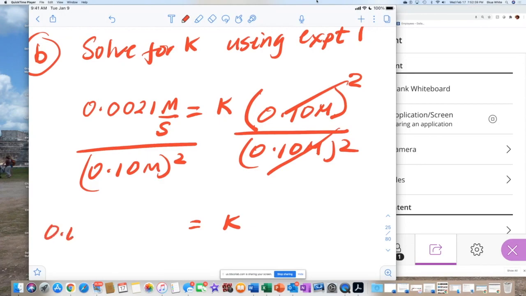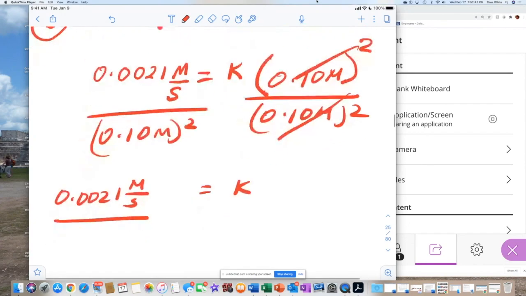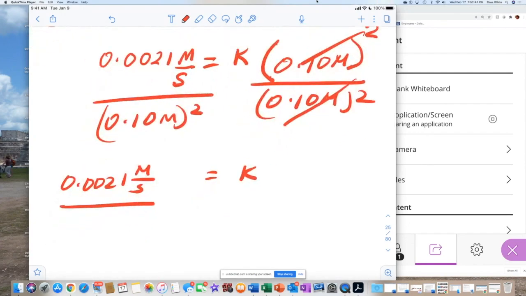So this is going to be 0.0021 molar per second. Let me square the bottom part. 0.1 squared gives us 0.01, and then the unit becomes M squared, right? Don't forget you're squaring the unit and the number.